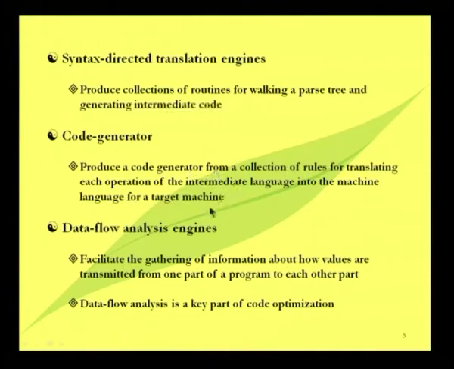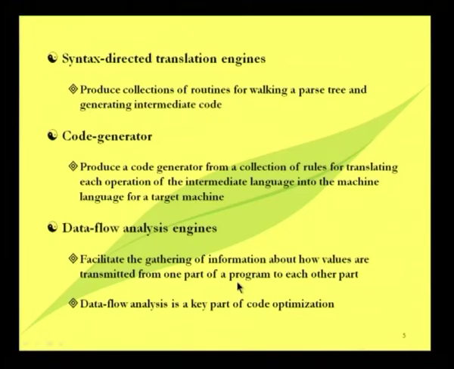A very important compiler construction tool is the data flow engine, which is mostly used during the optimization phase. It facilitates gathering information about how values are transmitted from one part of the program to another.